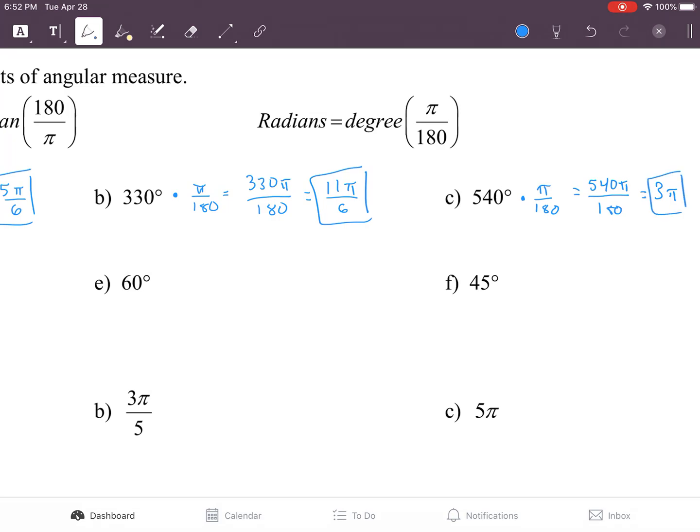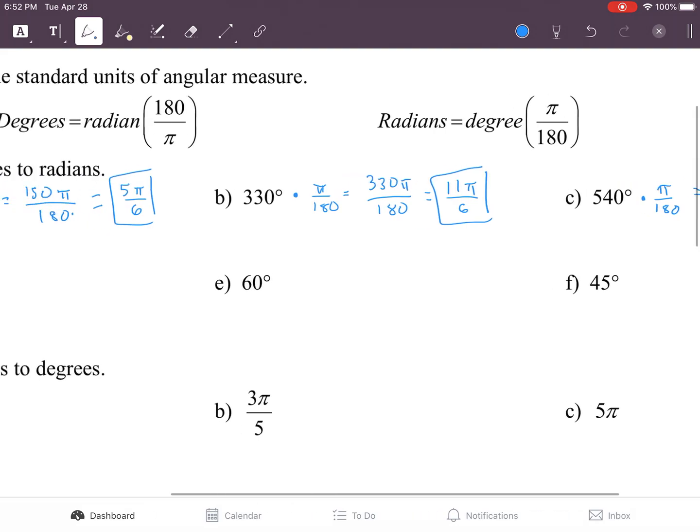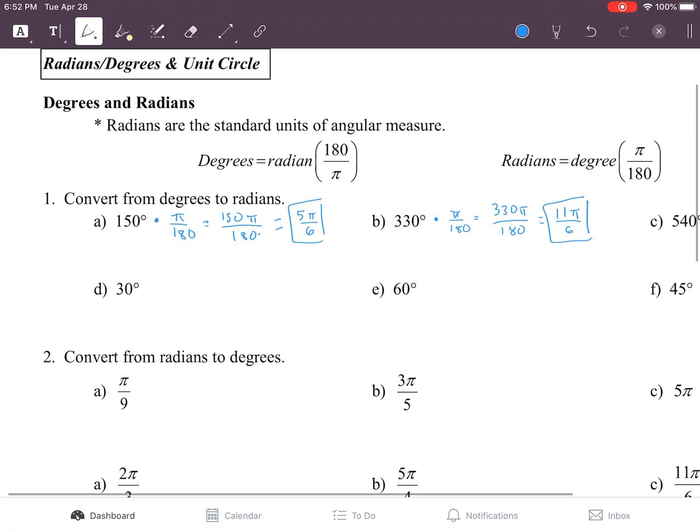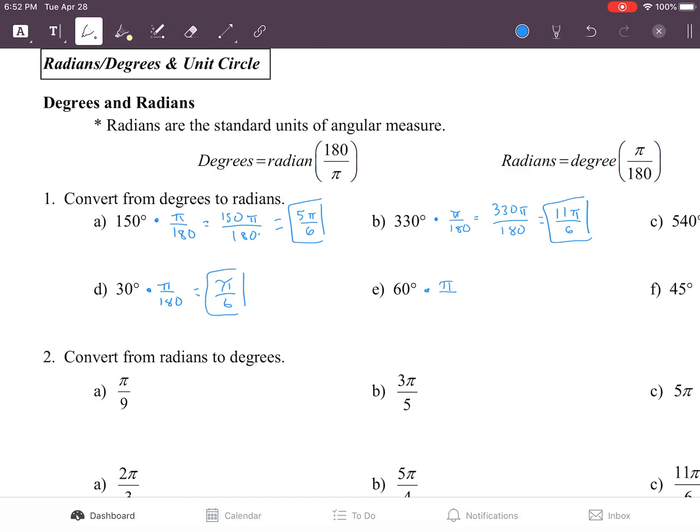All right, so take a moment, pause the video if you haven't done this yet, and try D, E, and F for these problems and see what you come up with. Hopefully you did that without the notes. Let's see how you did. 30 degrees multiplied by pi over 180 gives you pi over 6. 60 degrees times pi over 180 gives you pi over 3.